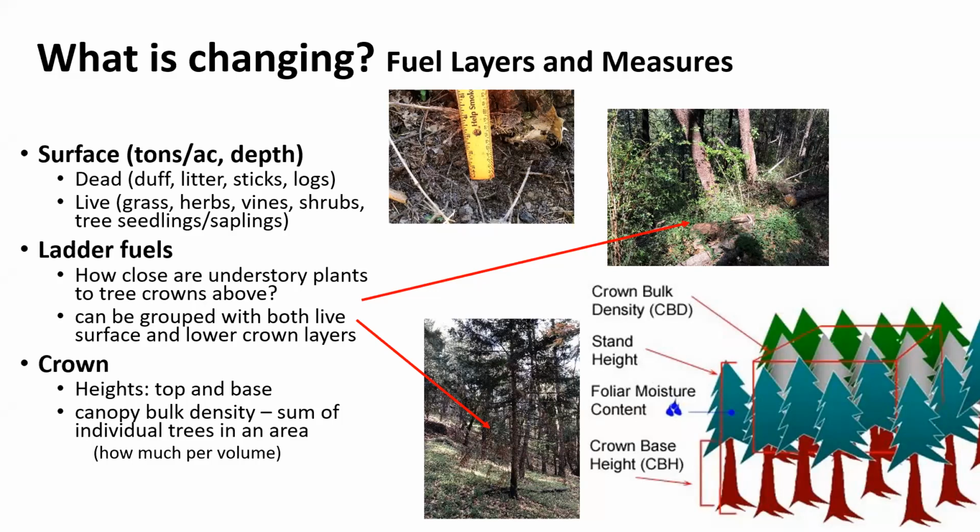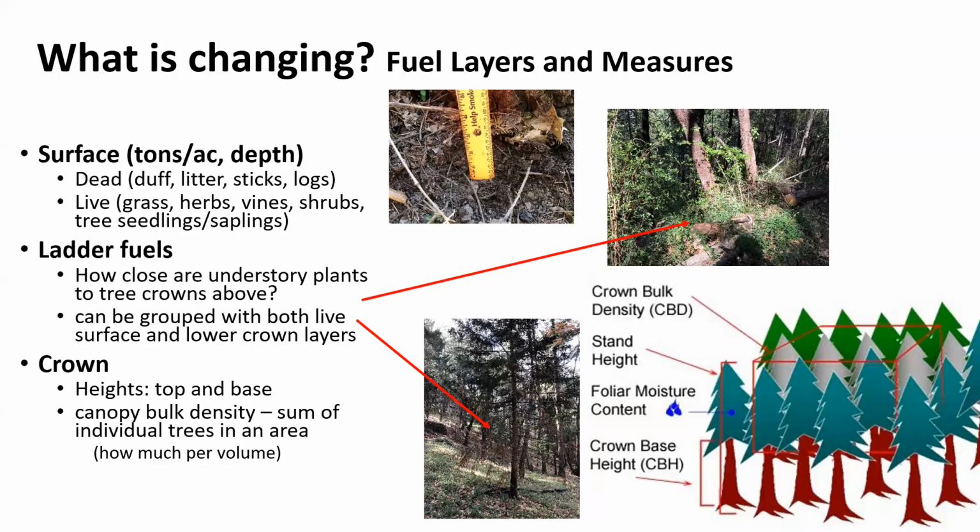And then there's this concept called canopy bulk density, which sounds a little complicated, but this is what we use to measure or estimate how many fuels are held in the forest canopy overall. We can look at an individual tree, but we can also look at the volume or the weight of foliage within a volume of air up in the canopy.